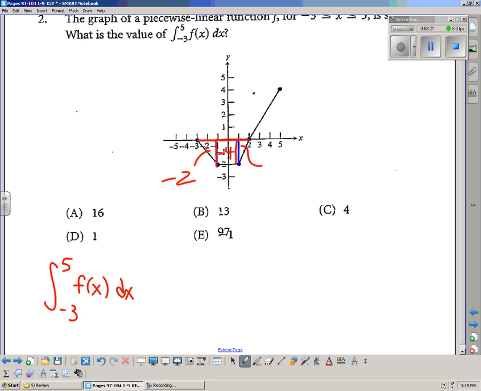This is a 1 by 2 triangle, so that's going to give us a -1 area. And then here we have a 3 by 4 triangle, 12 divided by 2 is 6. So -2 plus -4 plus -1 plus 6 gives us -1. I'm sorry, the page number got etched over the choice. That would be choice E, -1.